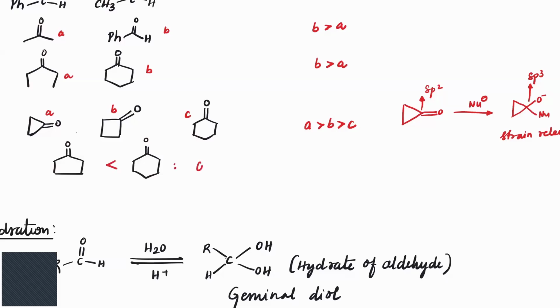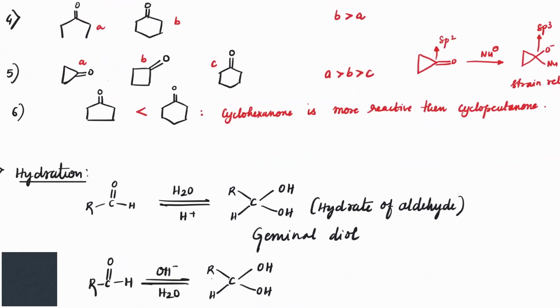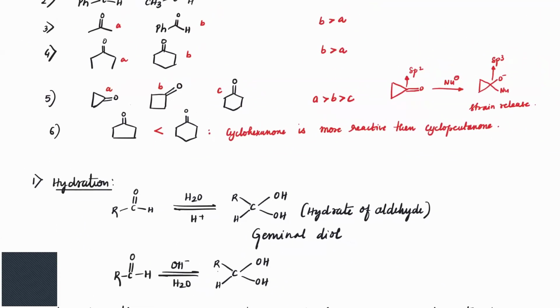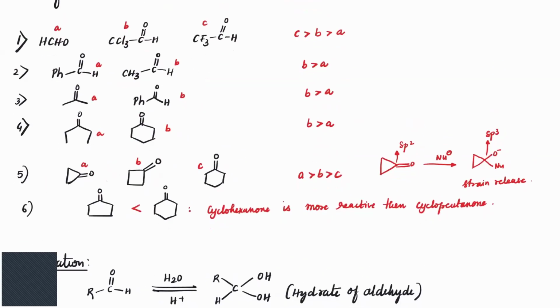So here cyclohexanone is more reactive than cyclopentanone. There is a good reason for it. I'm not getting into too much detail of that, but in case it is given, just keep this order intact: three-membered ring greater than four-membered ring, greater than six-membered ring, and then it is greater than five-membered ring. This is the order you would follow.